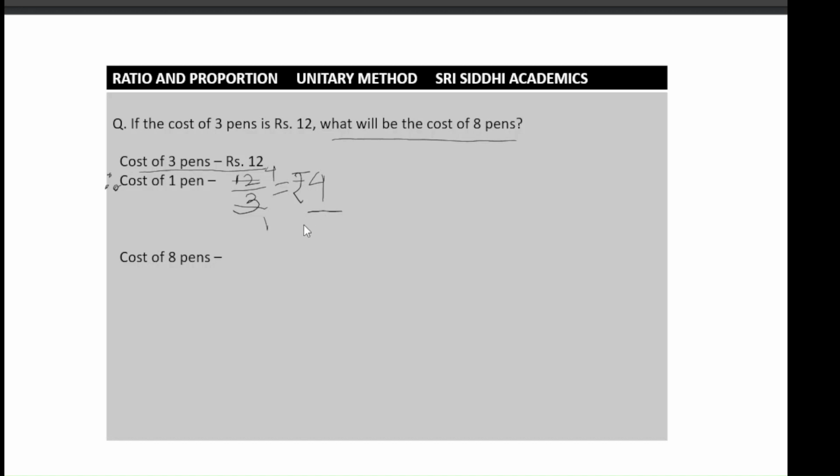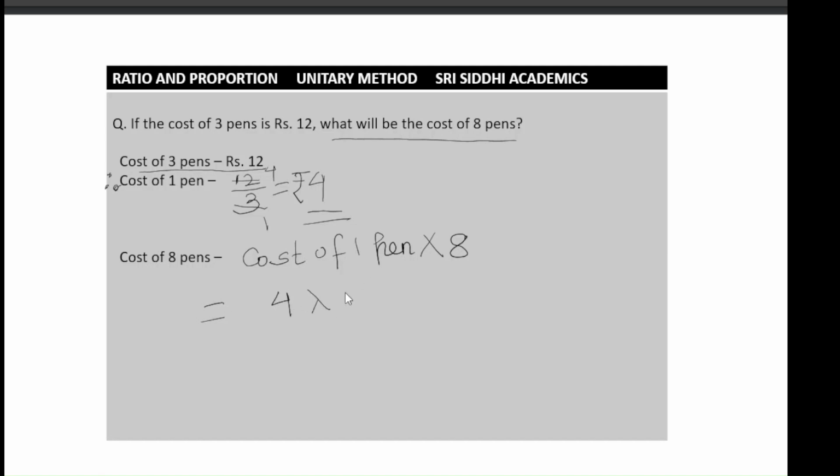Now, can I now find the cost of 8 pens? Cost of 8 pens will definitely be more than cost of 1 pen. So here, if I am going to find more, I multiply. So cost of 1 pen multiplied by 8. 8 is the required number of pens for which we need to find the value.